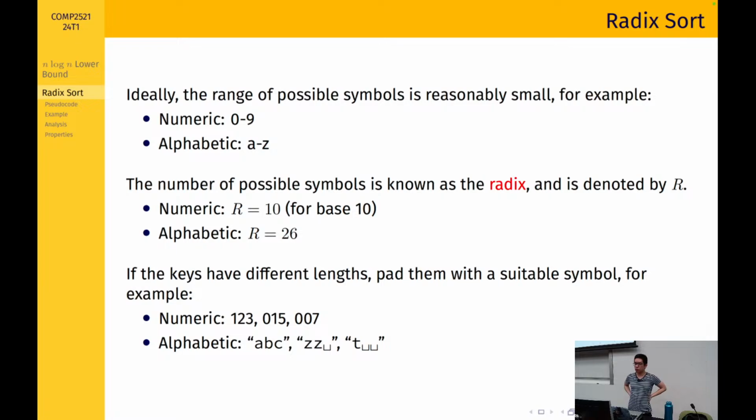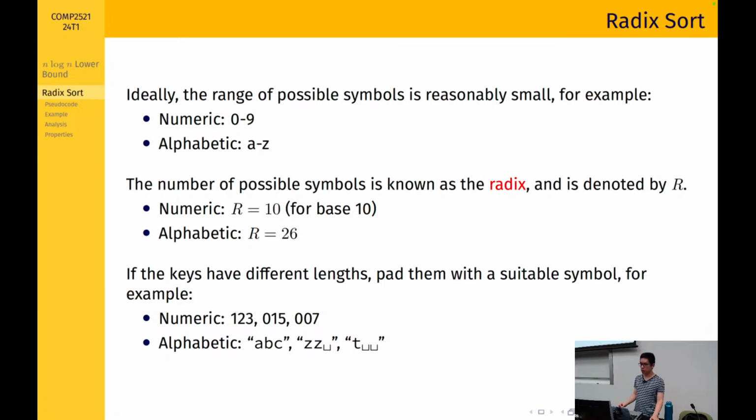let me try and think of 2 words. Let's think of the word pad, right? So if we have the word pad and the word padding, we consider the word pad to be alphabetically less than padding, because pad is a prefix of padding.